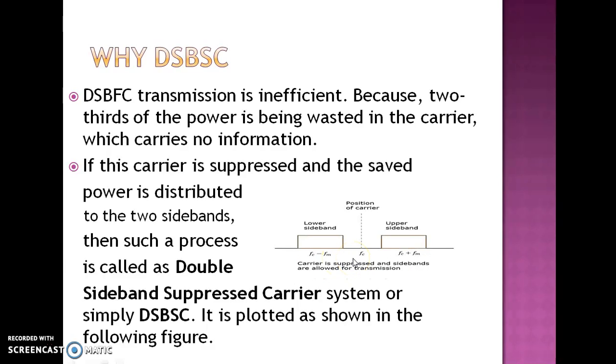After simplifying, it comes to twice Fm, which is similar to the spectrum of double sideband full carrier. So the bandwidth requirement for both DSB-FC and DSB-SC will be the same, but in double sideband suppressed carrier we can save power by suppressing the carrier.